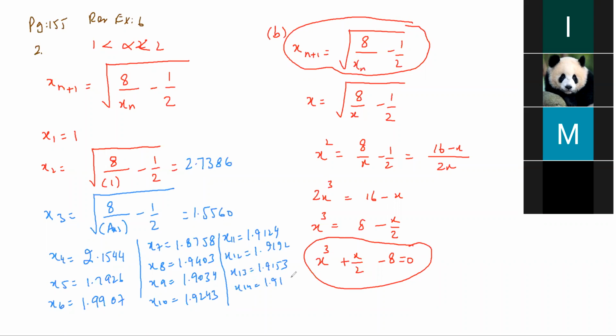Chalo, now this is the same. 1.9175. 1.9163. 1.9170. 1.9166. 1.9168. 1.9167.